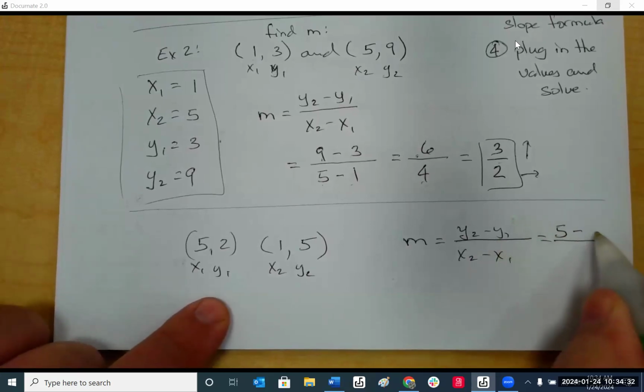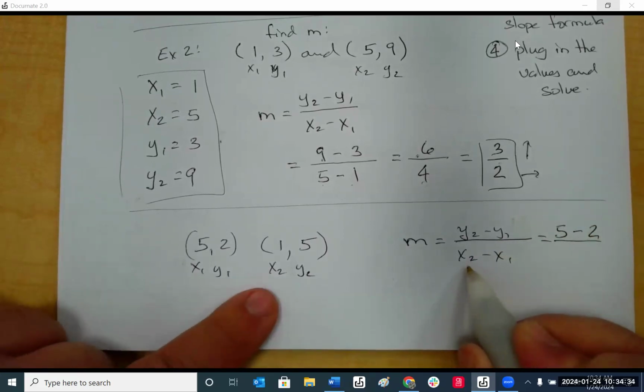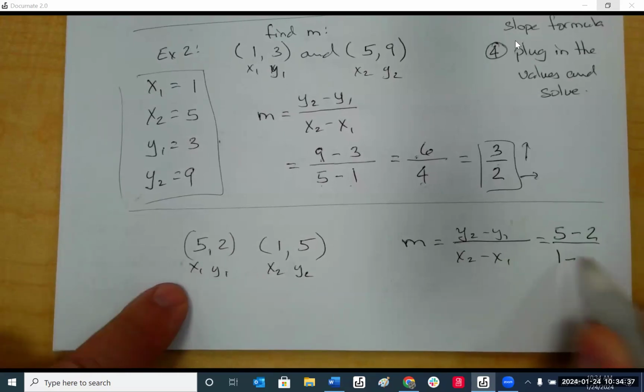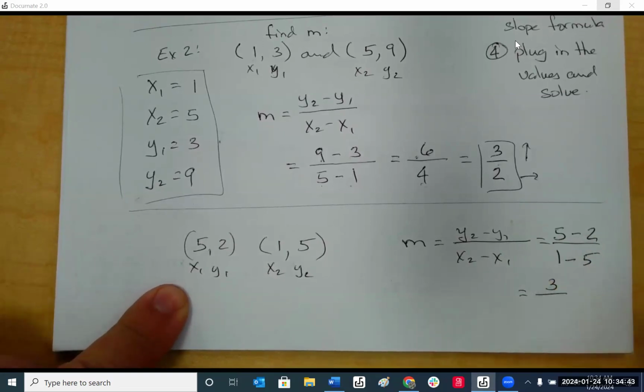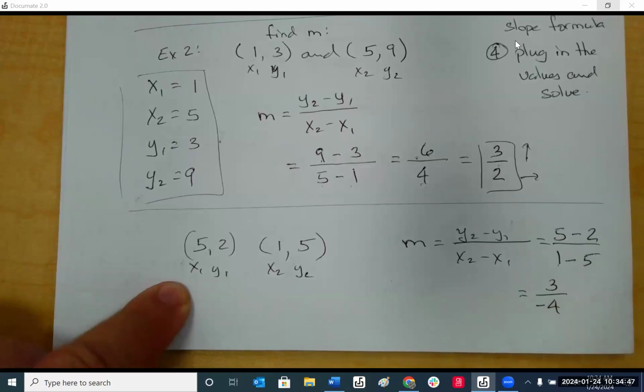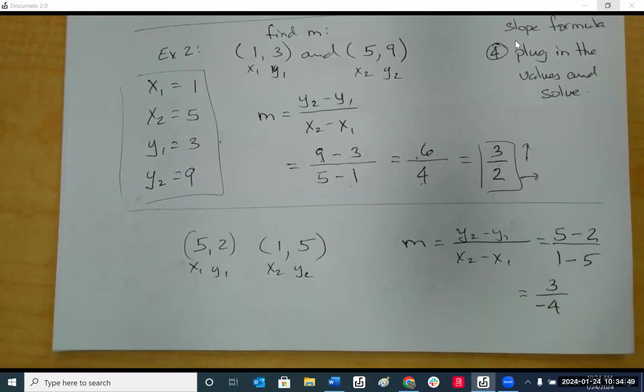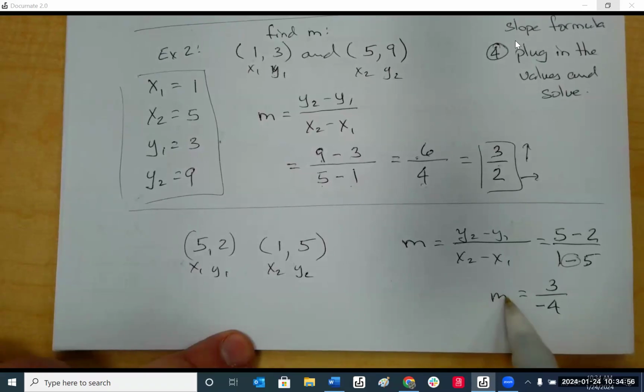Y1, x2, and x1. 5 minus 2 is 3. 1 minus 5 is -4. Remember, 5 is bigger than 1, so the answer is negative. So now our slope is negative.